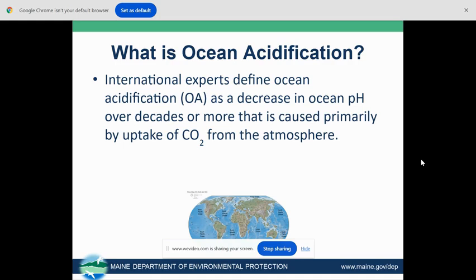And it's related to climate change and to the increase of carbon dioxide in our atmosphere, because our oceans take up carbon dioxide from the atmosphere, and this is resulting in a decrease in ocean pH. Okay, so we call that process ocean acidification.